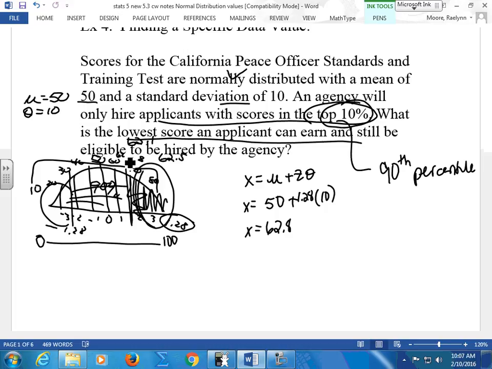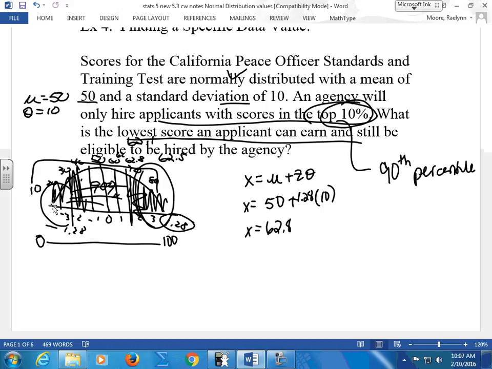Now if I was the opposite way, and I wanted the lower 10%, then I would have to round down into this shaded area. Do you see the difference? You just got to keep track of where your shaded area goes. So we okay with that?